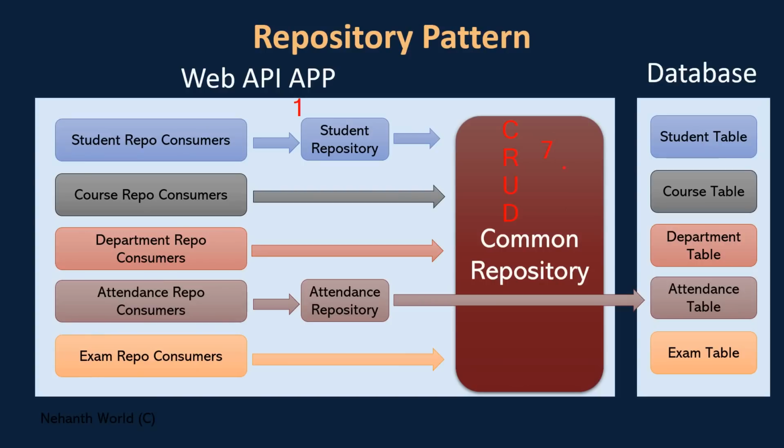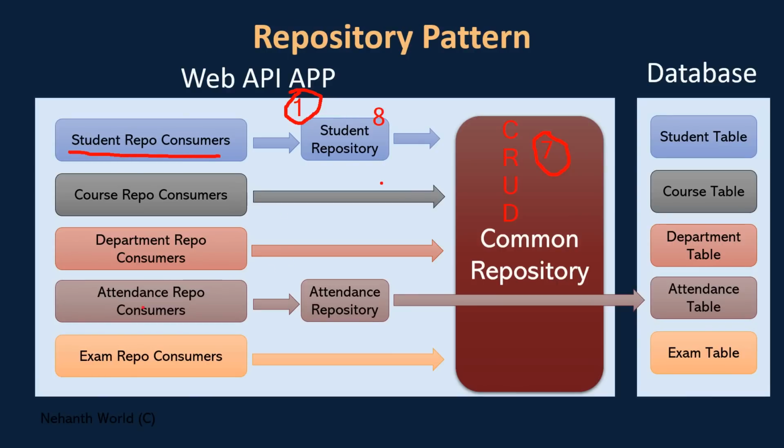If you inherit this common repository inside this student repository, 7 plus 1, we can have 8 methods in total. One method is implemented inside the student repository and 7 methods are inherited from the common repository. We can consume all those 8 methods inside the student repository consumers.